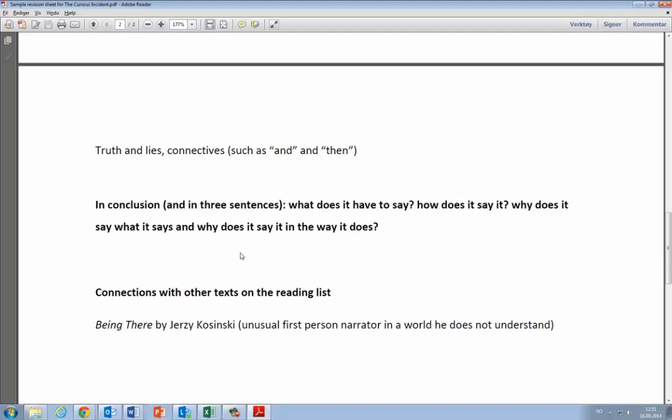And if it doesn't, then you may need to rethink the way you've done your revision sheet, but hopefully you'll find that it really does help. It gives you some prompts, some shorthand that can enable you to work up more swiftly a detailed, interesting and coherent close reading.